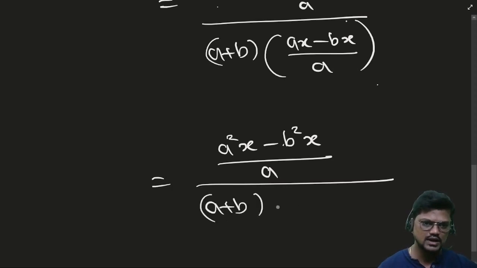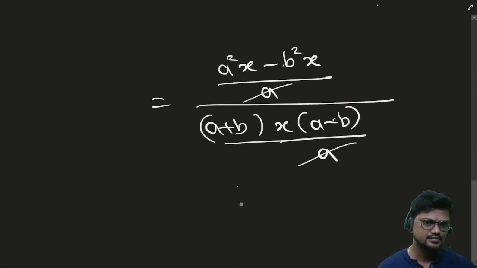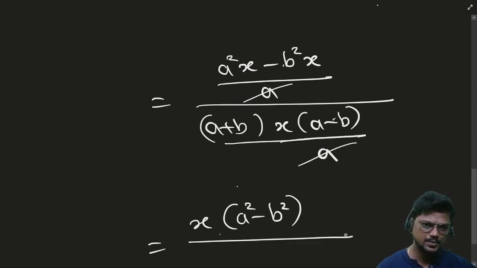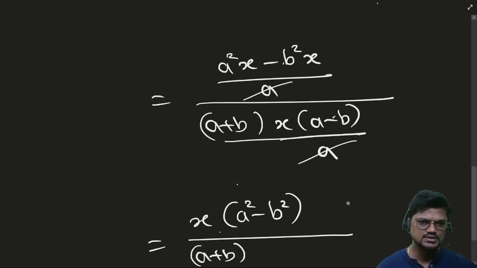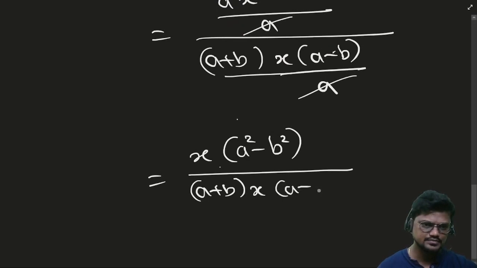In this both you can take x as common, so it will be a minus b, and over here a in the denominator. This denominator a and a can be cancelled. Over here, in this both you can take x as common. This will be a square minus b square upon a plus b as it is, this x as it is, and this a minus b as it is.